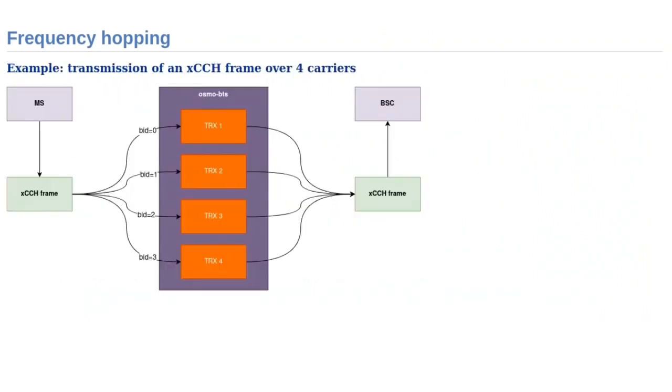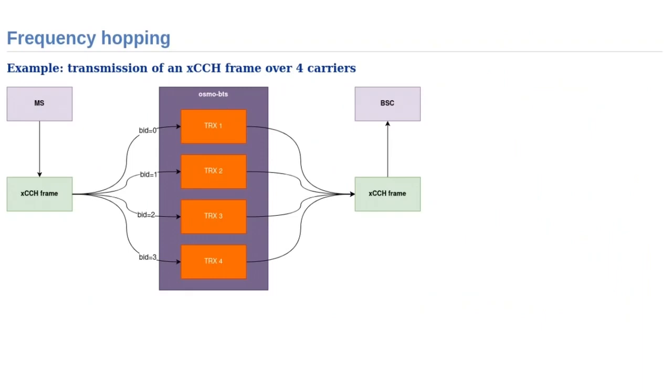And this is also a graphical representation of how the transmission happens. Transmission of a single frame that consists of 4 bursts. This is what's called sequential hopping. You have 4 transceivers, and burst ID 0 goes to the first transceiver, and burst ID 3 goes to the last transceiver.